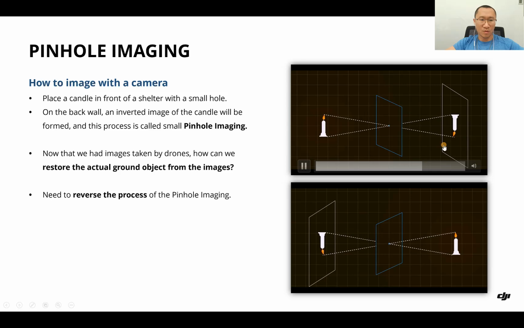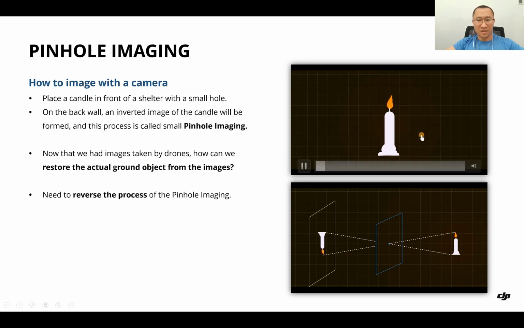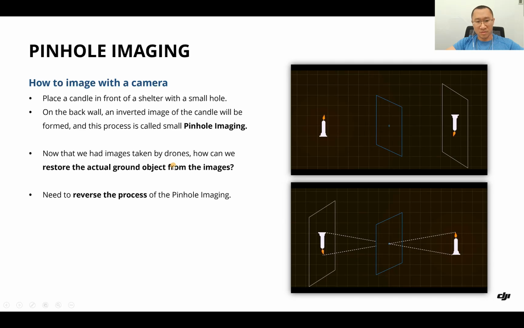On the back wall, an inverted image of the candle will be formed, and this process we call pinhole imaging. Now that we already have the images taken by drones, how can we restore the actual ground object from the images? We need to reverse the process of the pinhole imaging.